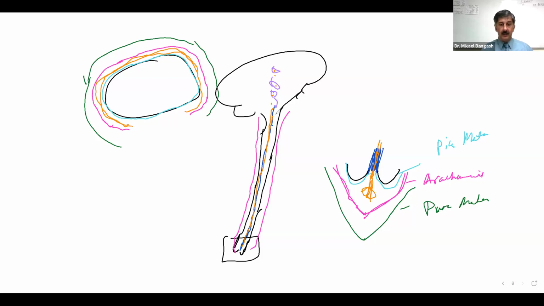Not just that, it also keeps it safe from infections and so on. So at the other end, this cerebrospinal fluid is going to be reabsorbed by what we can call the arachnoidal villi.